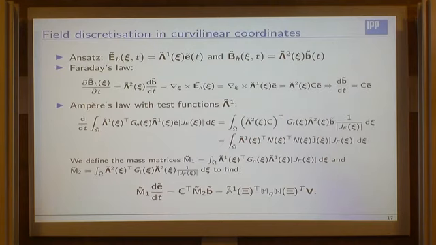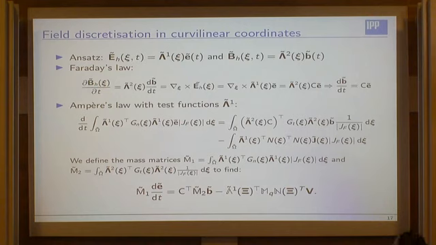Okay, so we make the ansatz for our logical fields now with the one form for the electric field and two form basis for the magnetic field, and then we can plug this into the equations that we have derived for the curvilinear form of Ampere's law and Faraday's law.